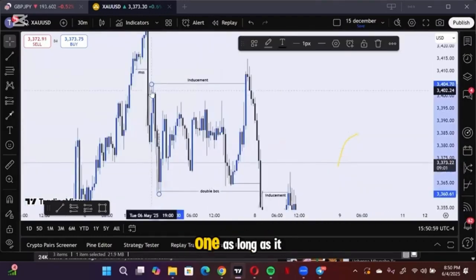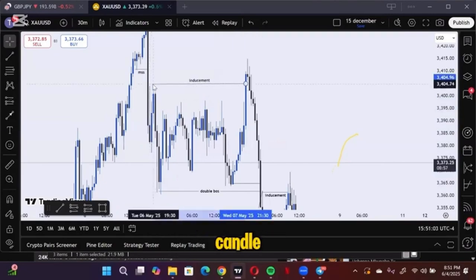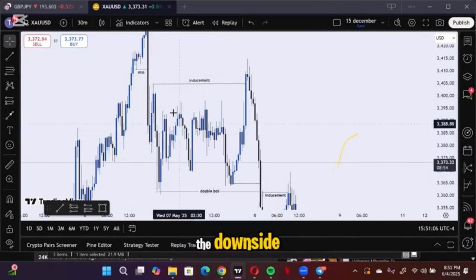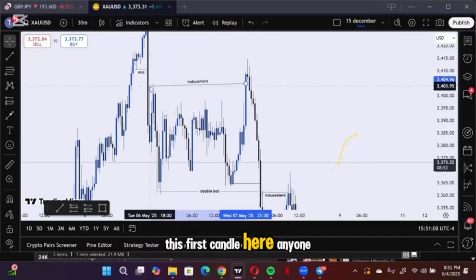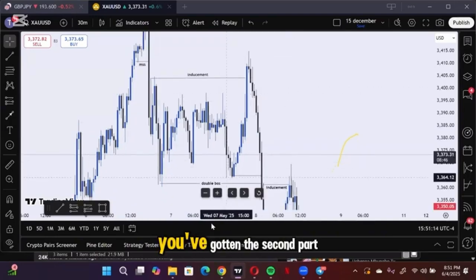You can just pick out one as long as it can be the last candle, it can be this last candle before market continues pushing to the downside, or you can still pick this first candle here, any one, but it's still the same thing. So you just have to make yours neat. So once you pick out your inducement, you've gotten the second part of the strategy. Can you guys hear me?